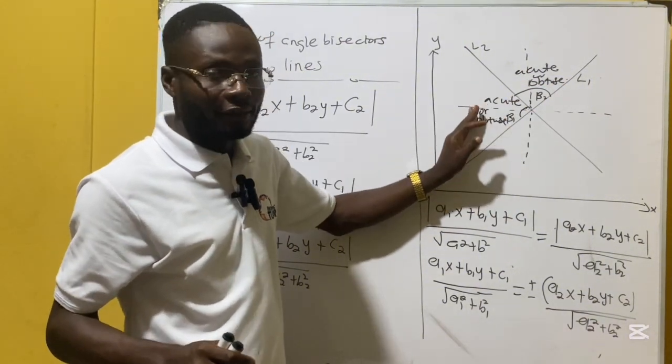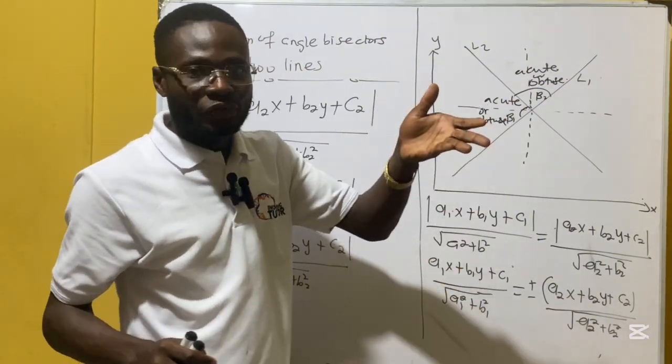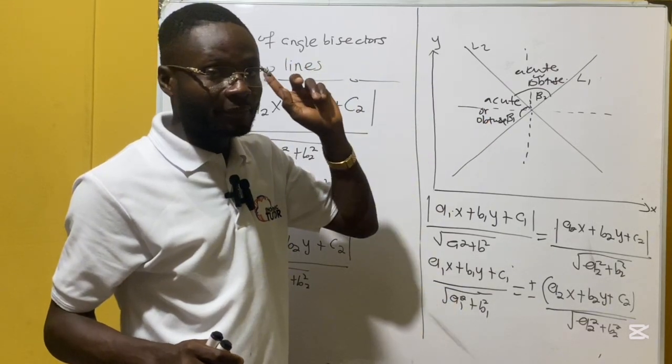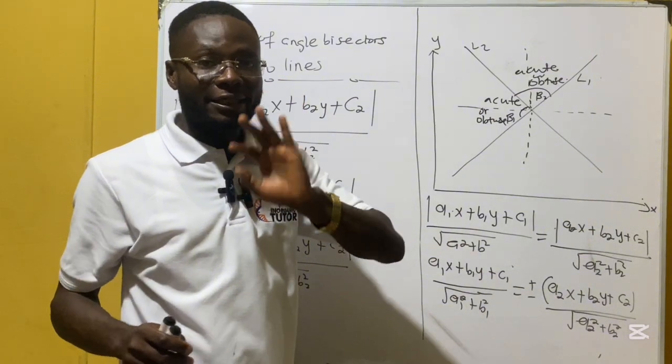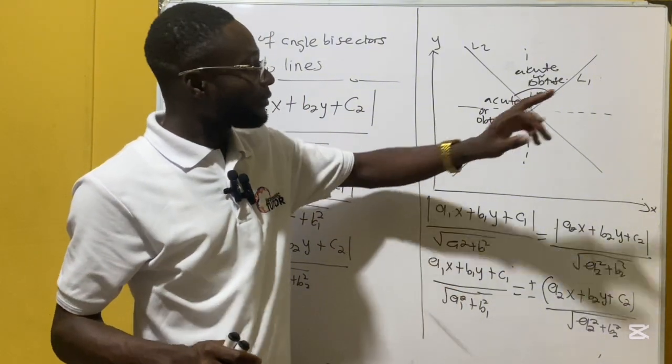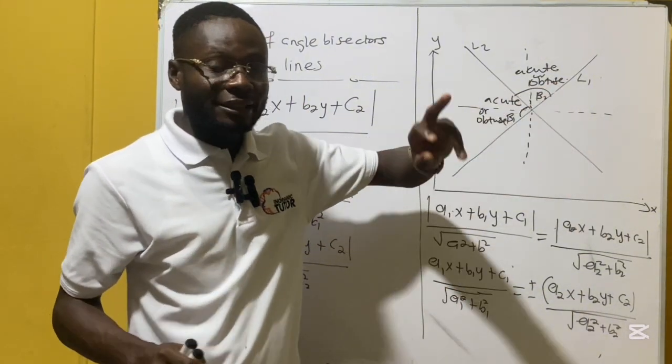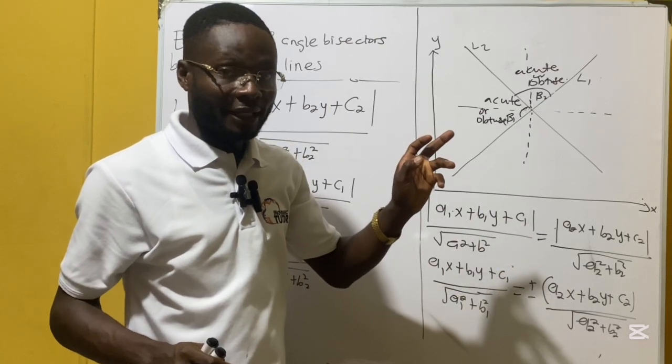Same thing applies here, right? Now, what is an acute angle? We learned acute angle from the previous lesson, right? An acute angle lies between 0 and 90 degrees, right? And then obtuse lies between 90 and 180, right?